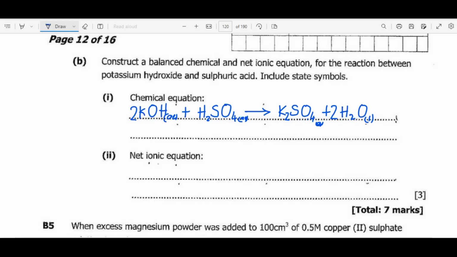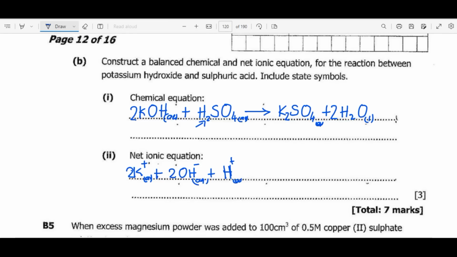Now let's move on to net ionic equation. So begin by breaking those in aqueous solution. So potassium has a valence of 1, so put plus 1. Then hydroxide 2OH minus aqueous plus sulfuric, hydrogen is positive, aqueous.